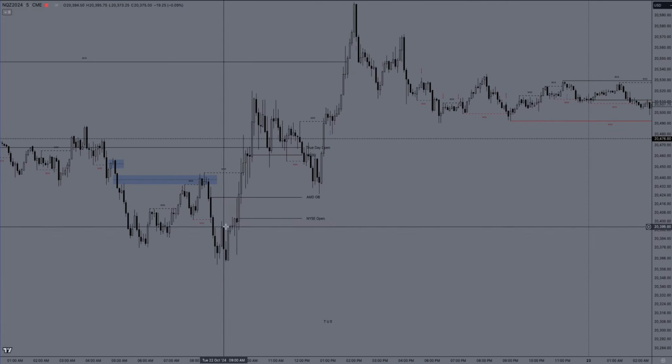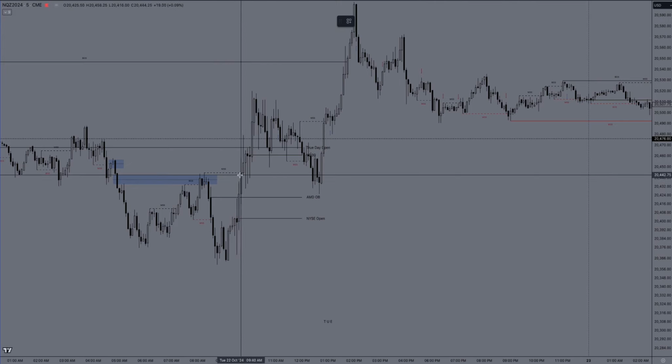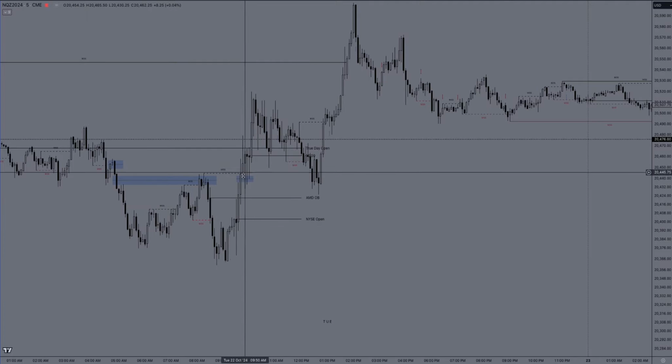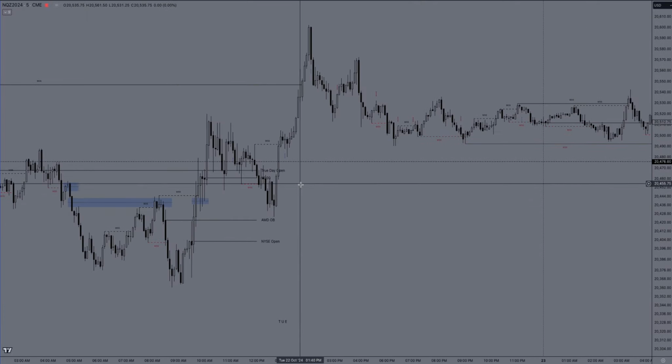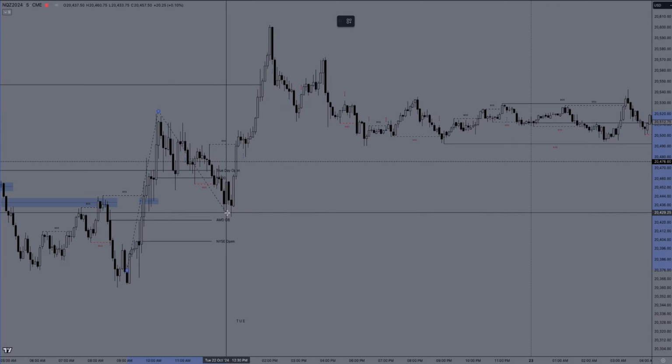So we get that move up. For sure there is an entry in here. Price goes up, giving us a market structure shift. There is a fair value gap in there that you could have potentially jumped in to go long. And all you're really doing is looking for that market structure shift. So we're bullish from this market structure shift. And then we just follow order flow, pull back.